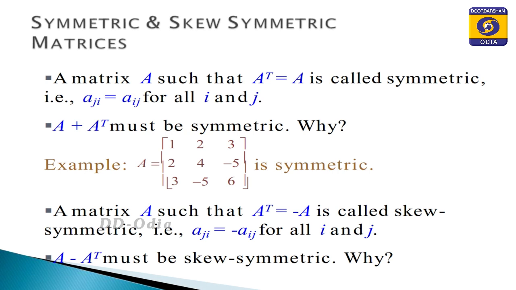What is a skew symmetric matrix? A matrix A is said to be skew symmetric if A transpose is equal to minus A. That means a_ji is equal to minus a_ij. A minus A transpose must always be skew symmetric.